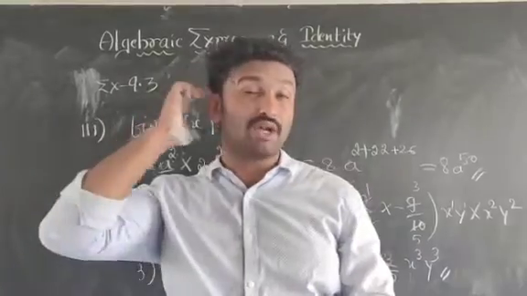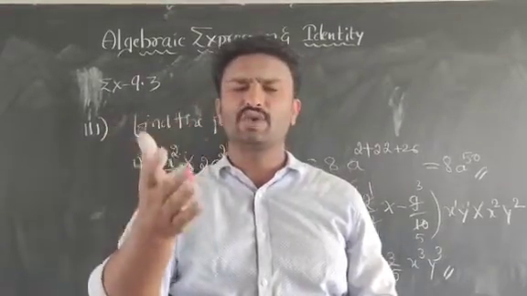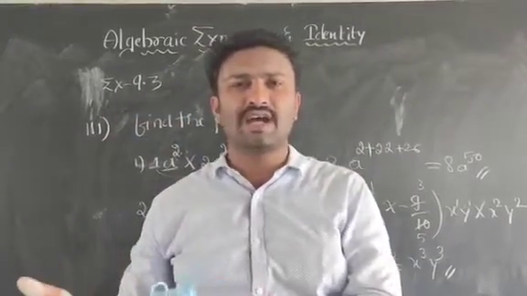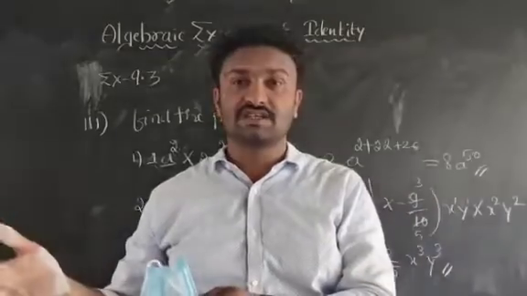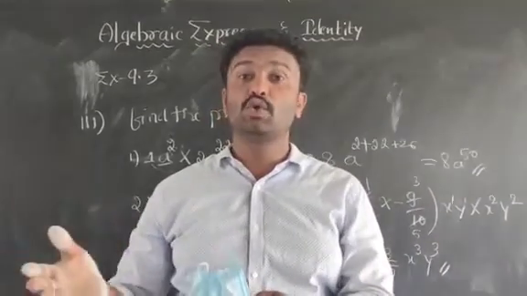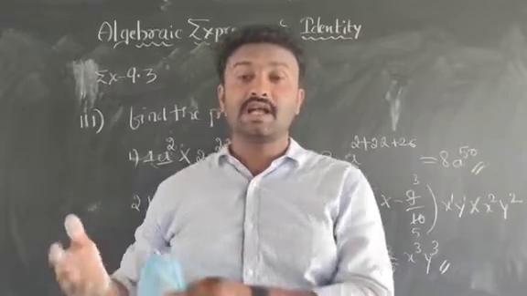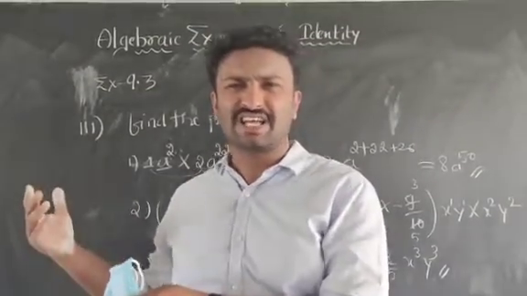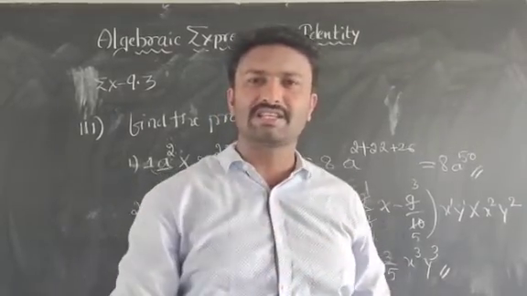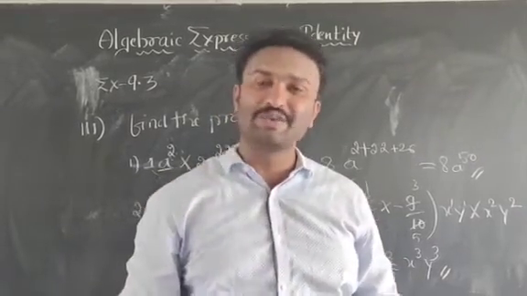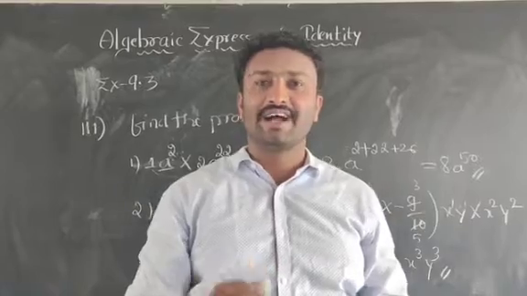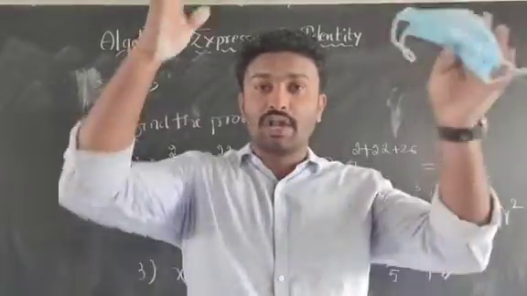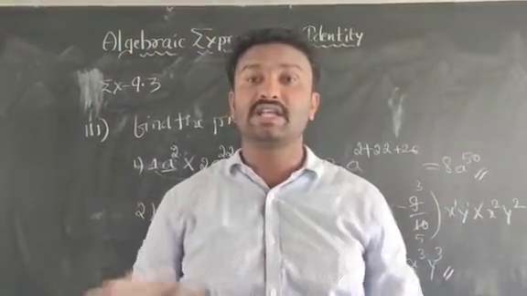In 9.1 we separated terms and coefficients. In 9.2, addition and subtraction. In 9.3, only product, just multiplication. You people are very good in mathematics, in multiplication. The whole of 9.3 is based on multiplication.